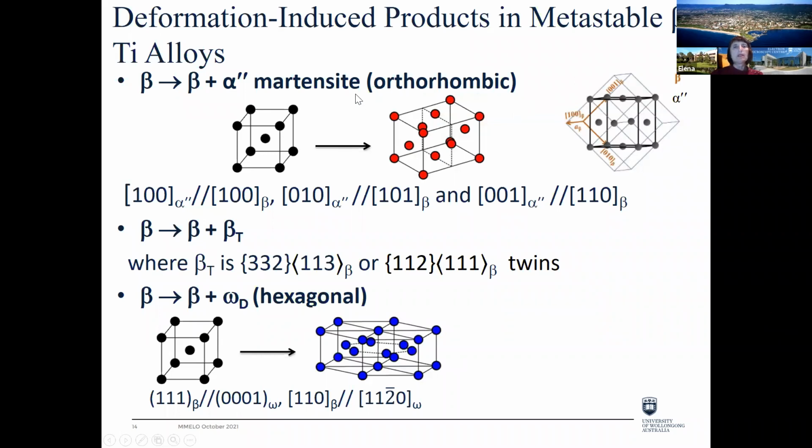In some titanium alloys, we could also have alpha prime Martensite forming, but usually it's in the materials with lower alloying or a smaller amount of beta stabilizing elements. So this is why I will be focusing only on alpha double prime Martensite, and the orientation relationship between parent beta and Martensite is presented here.